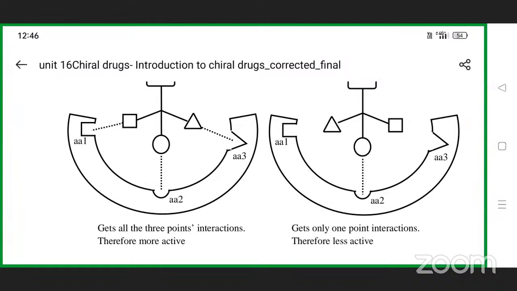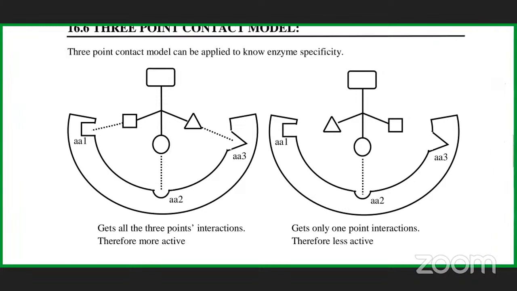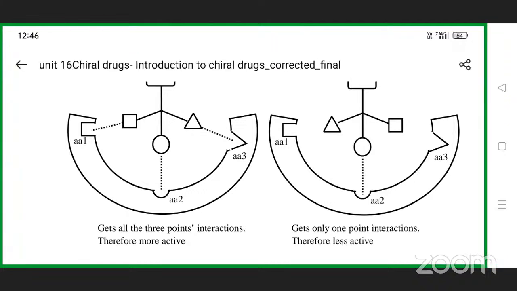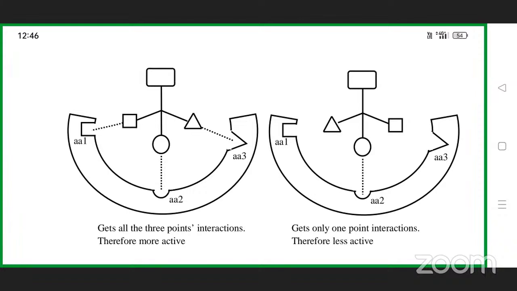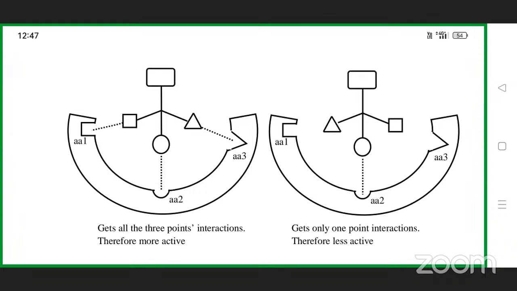In the first case you can see interactions with 3 residues, amino acid 1, amino acid 2, and amino acid 3, while in the second only amino acid 2 has one interaction.